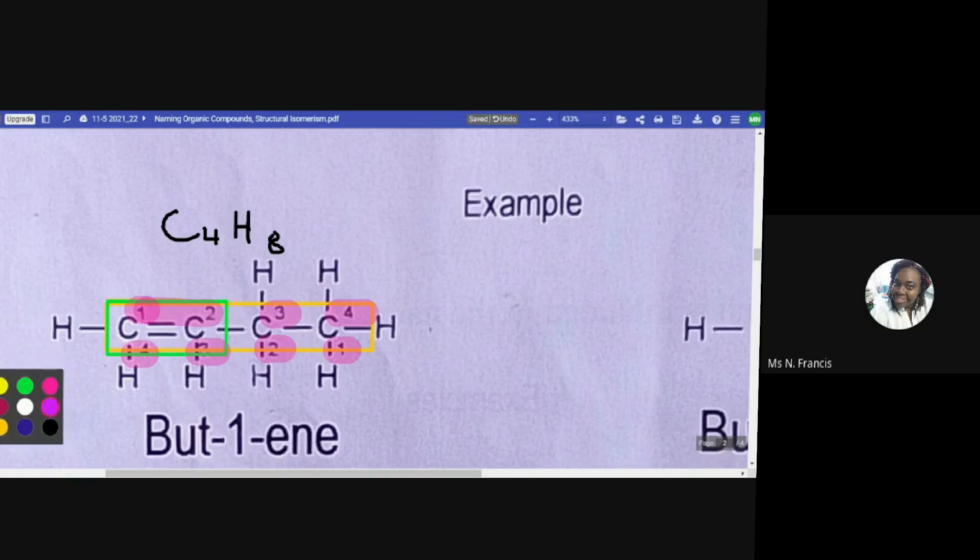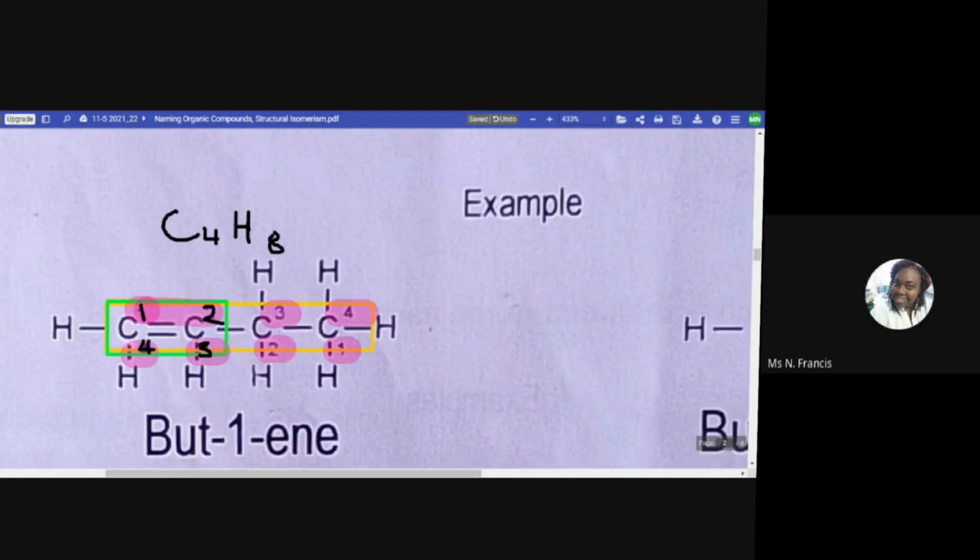My double bond is falling between these. This carbon can be named carbon number 1, or it can be carbon number 4, depending on how I'm counting. This carbon is carbon number 2 or carbon number 3, depending on the direction that I'm counting.